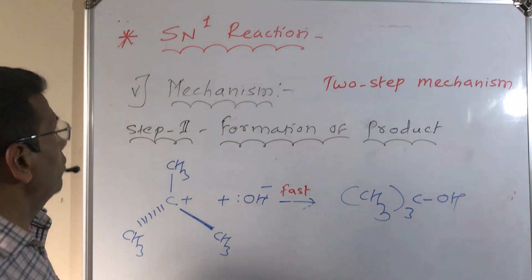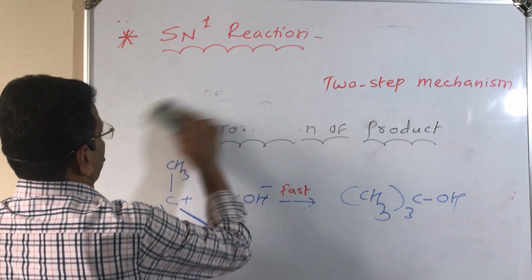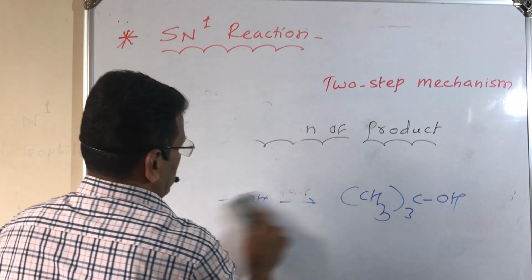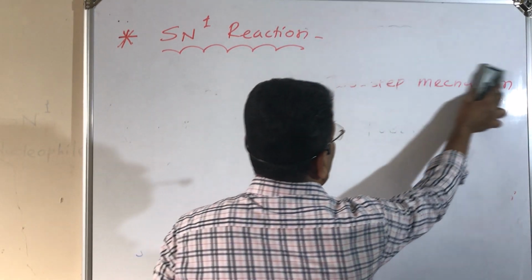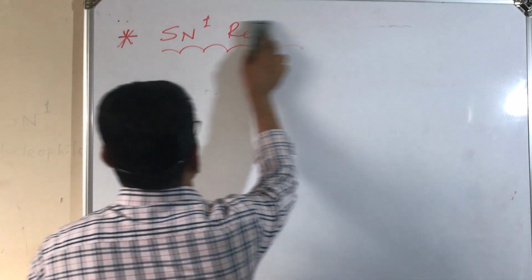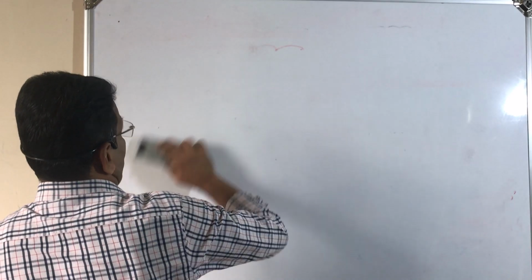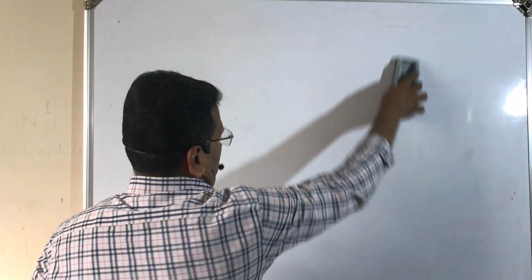So the next point for SN1 is the salient features of SN1 reaction. The same point we have seen regarding SN2.